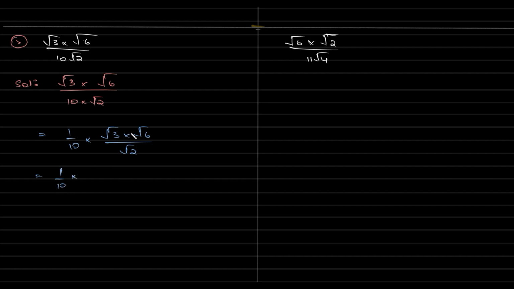Root 3 into root 6 is root of 3 sixes are 18, by root 2. We just saw this problem, right? So same thing: 1 by 10 into root of 18 by 2, which is 1 by 10 into root of 9. So root of 9 is 3. So the answer is 1 into 3 is 3, divided by 10.